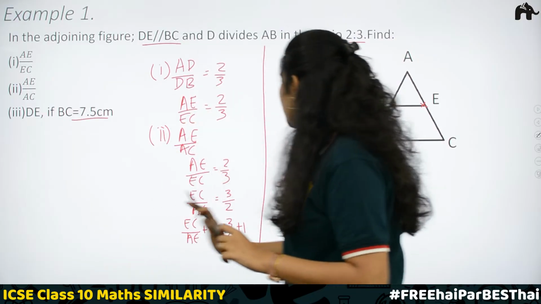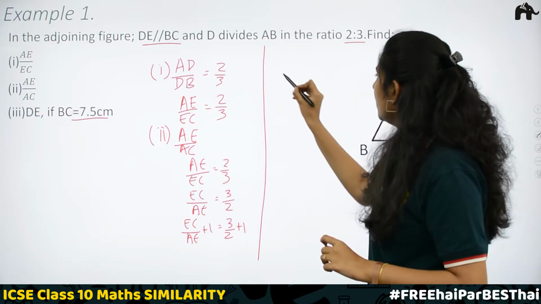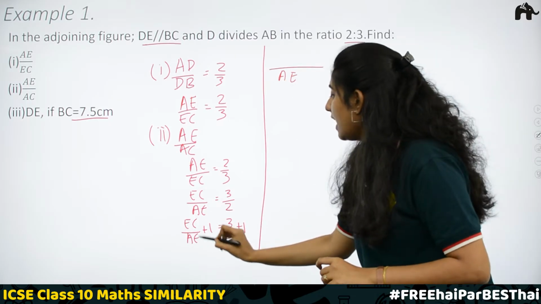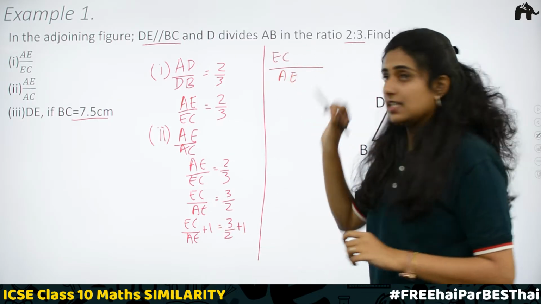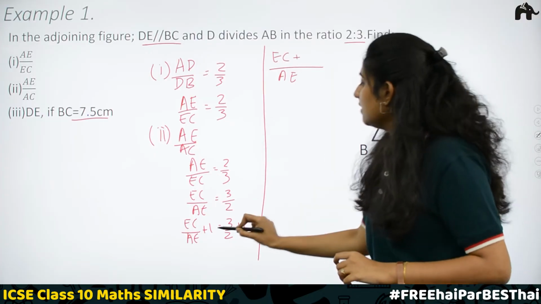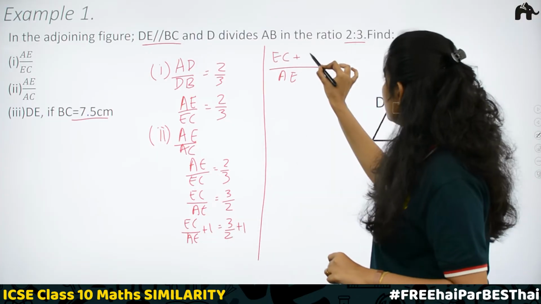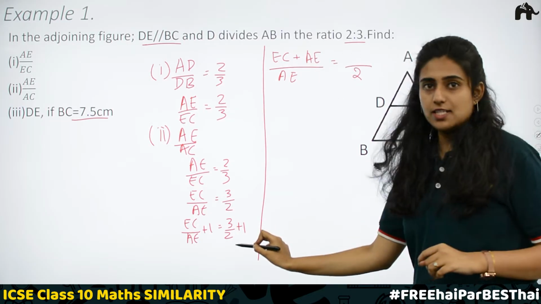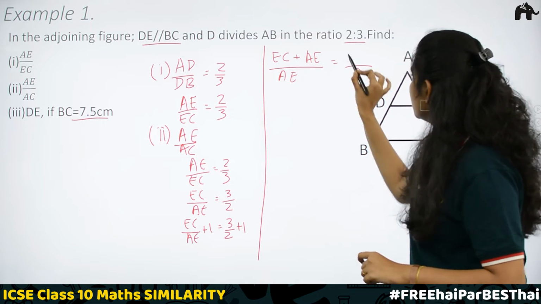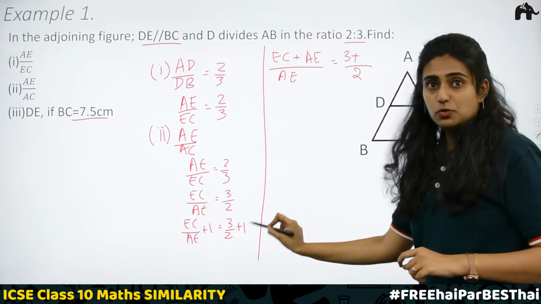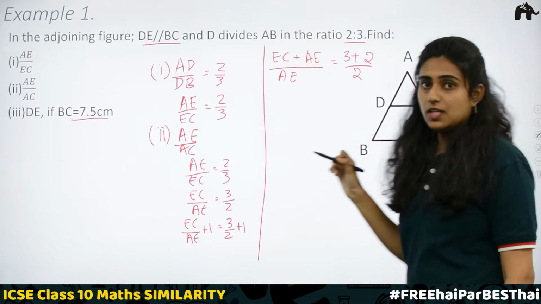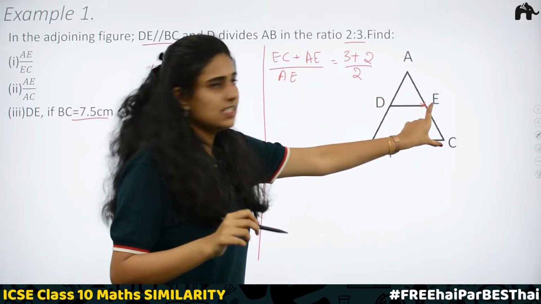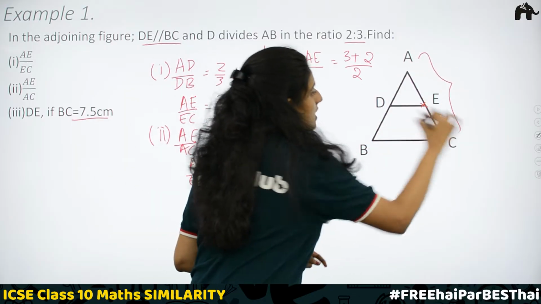Now take the LCM. On the LHS, we get denominator AE as the LCM. Here we have AE, therefore the numerator will be EC plus, here we have 1, AE into 1 is AE. This is equal to 2 in the denominator as LCM. In the numerator we get 3 plus 2 into 1, that is 2. What is EC plus AE? This is AE and this is EC. Then the whole thing we get AC.